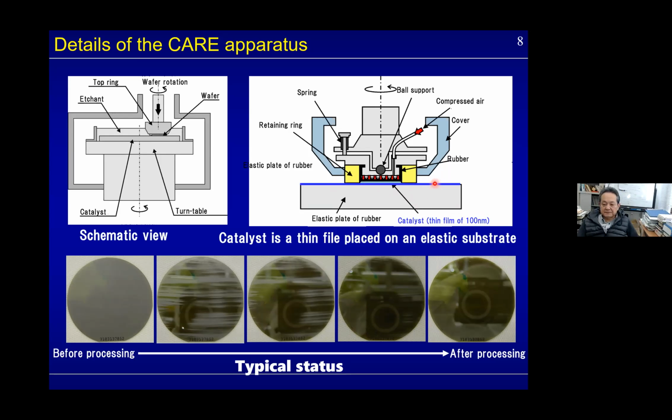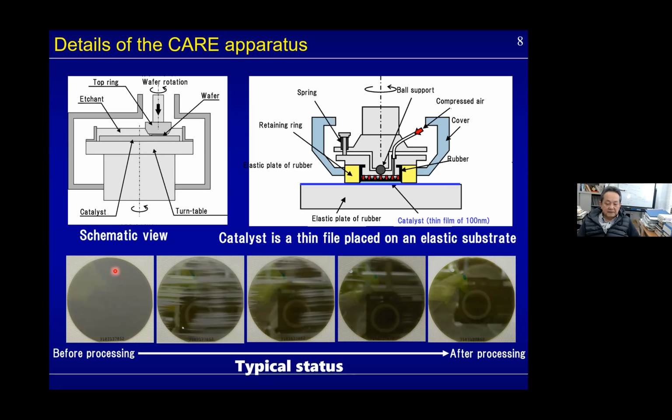In this case, we use a platinum thin film deposited on an elastic plate made of lava and so on. And the sample is pushed softly onto the catalyst surface by using backside air pressure.